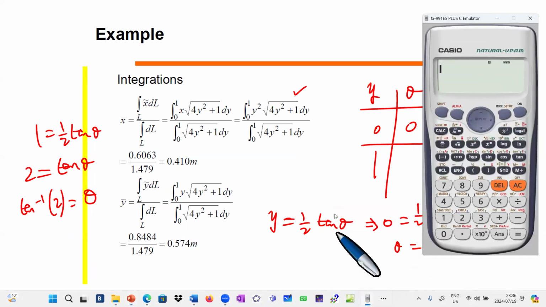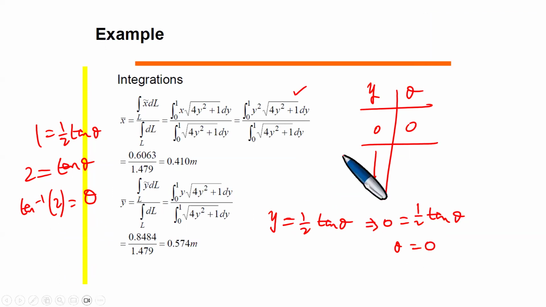We need to do arctan 2, which is 1.107. Okay, let's check.